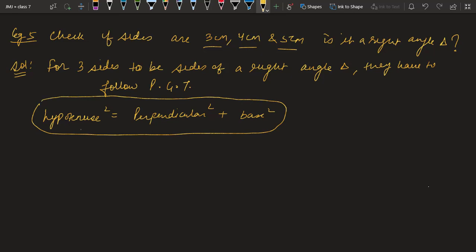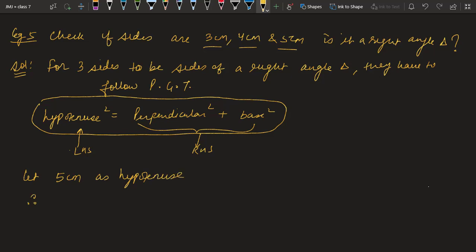So we have a left hand side and we have a right hand side. First, let us assume which side we will assume as hypotenuse. Class, we all have the idea that the longest side is always your hypotenuse. So let 5 centimeter be the hypotenuse.